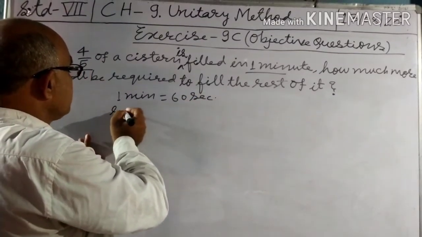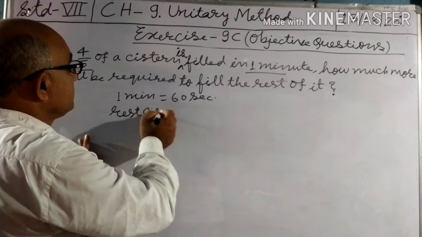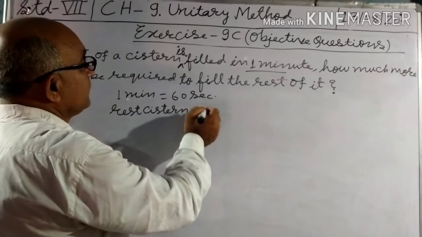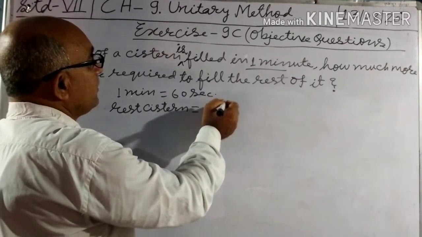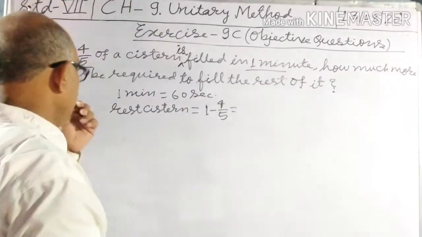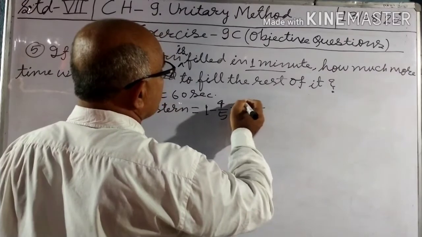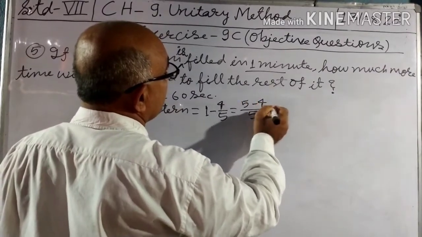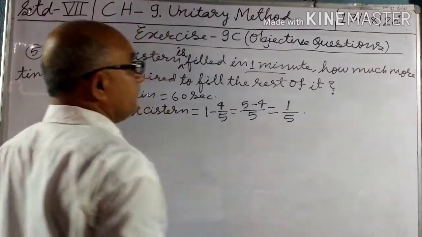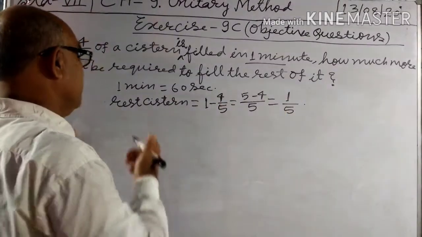And the rest of the cistern is 1 minus 4 by 5. Taking LCM 5, 5 minus 4 equal to 1 by 5. 1 by 5 cistern is the rest of the cistern.